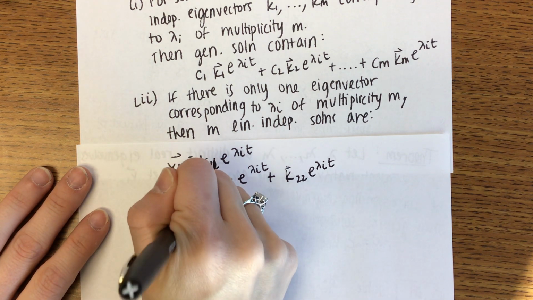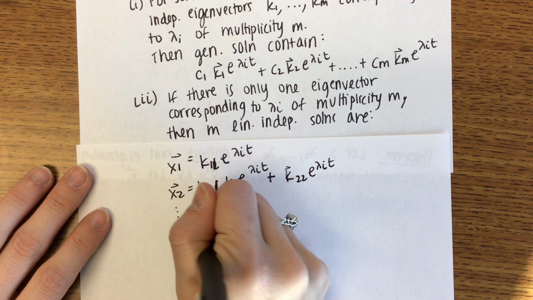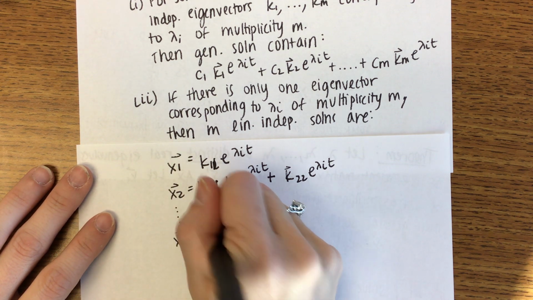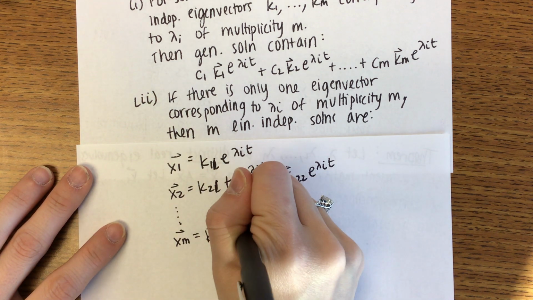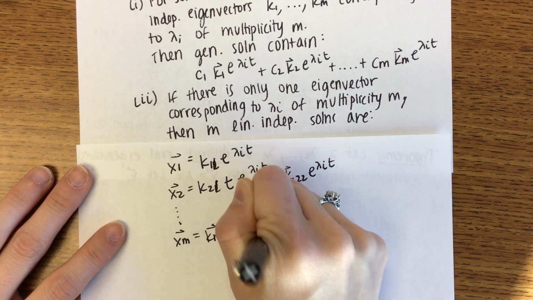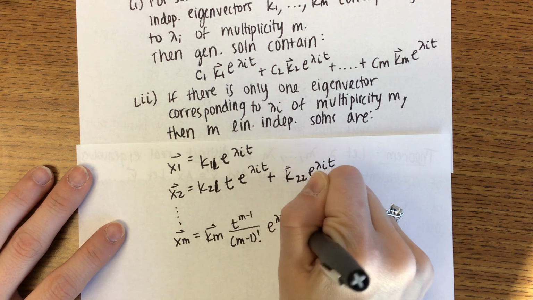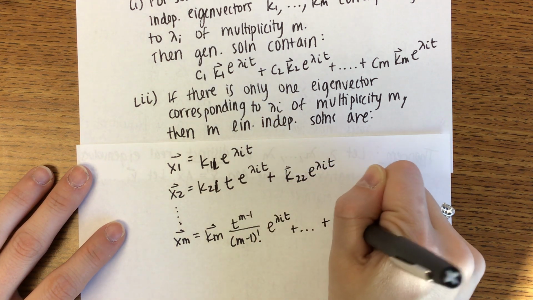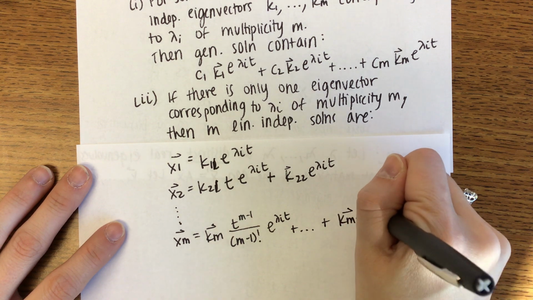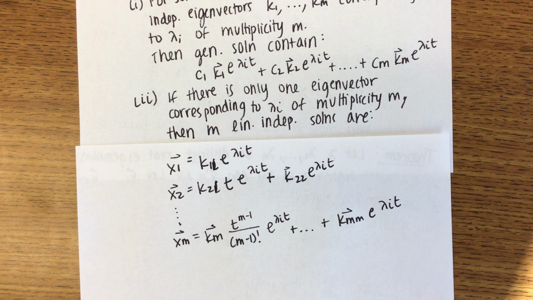This will keep going all the way down to xm is equal to km1 t to the m minus 1 over m minus 1 factorial e to the lambda I t all the way up to kmm e to the lambda I t.